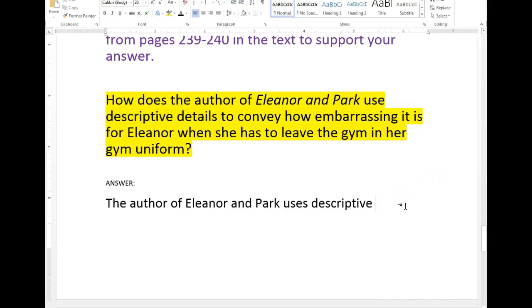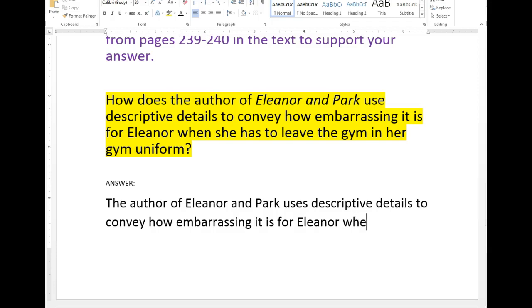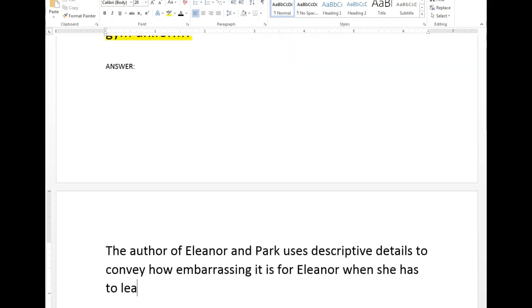The author of Eleanor and Park uses descriptive details to do what? To convey how embarrassing it is for Eleanor. See how all of this is coming from the question? How embarrassing it is for Eleanor when she has to leave the gym in her gym uniform.